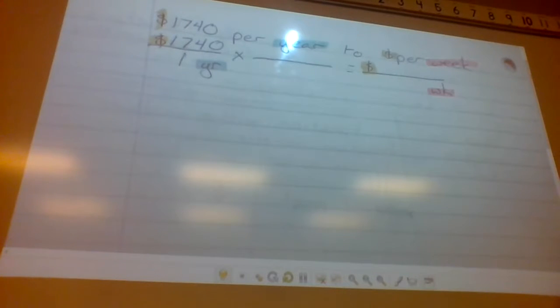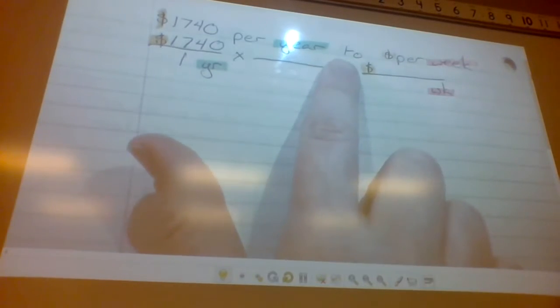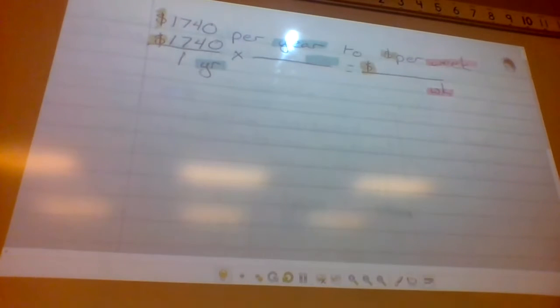Now, which one are we getting rid of? Since we're getting rid of the years, the number changes spots. So it goes up to the numerator. And don't just say it goes to the numerator, because there will be times where, if the first one said convert miles per hour to miles per minute, it could have said convert miles per hour to kilometers per hour. Then it would have changed to the denominator.